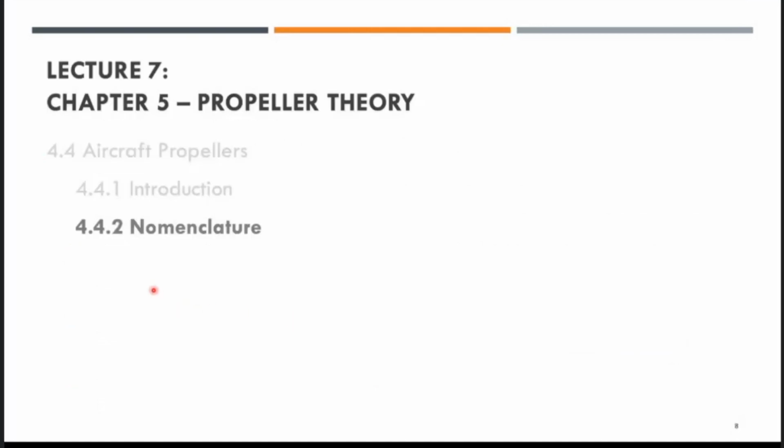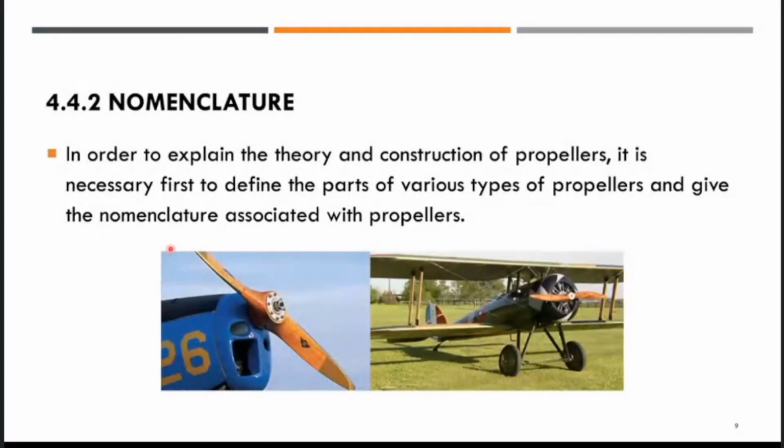Right, let us look into some glossaries or nomenclature. In order to explain the theory and construction of propellers, it is necessary first to define the parts of various types of propellers and give the nomenclature associated with propellers.